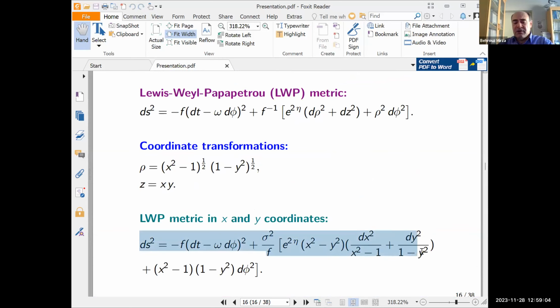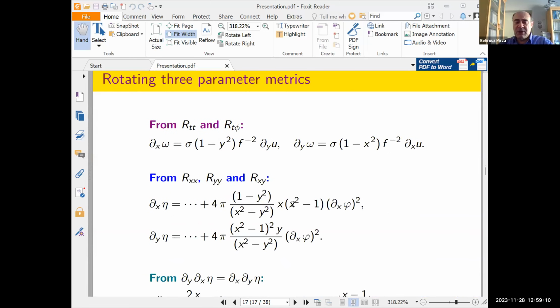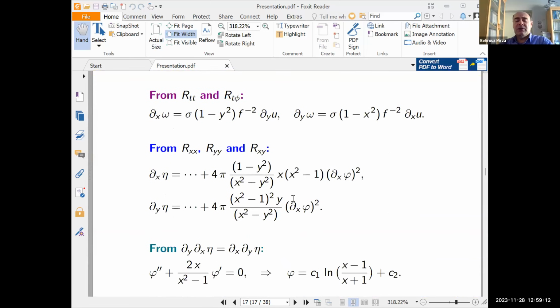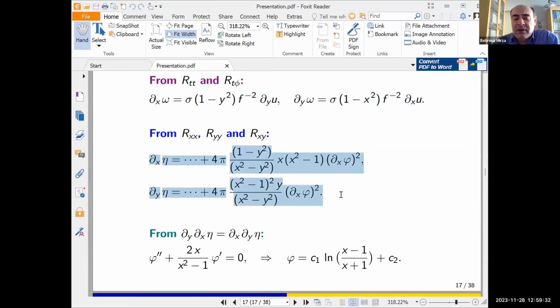We can write this metric in X and Y coordinates, it is very simple, and then use the Ernst method and find the following equations that follow from the Einstein equations. R_tt and R_tphi give us these two equations here, and the other R_xx, R_yy, and R_xy give us these equations.